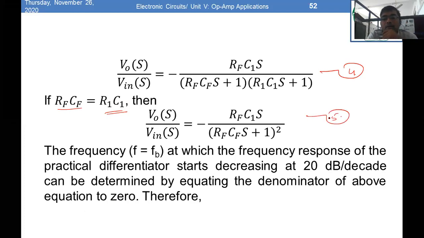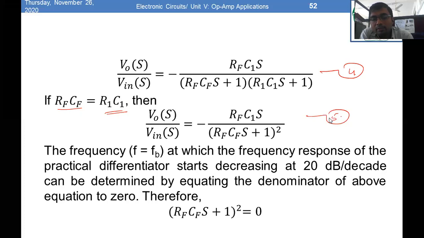So what happens? At the frequency F equal to FB, at which the frequency response of the practical differentiator starts decreasing at 20 dB per decade, can be determined by equating the denominator of the above term to 0. So therefore, you can also write it as (RF CF S plus 1) whole square is equal to 0.